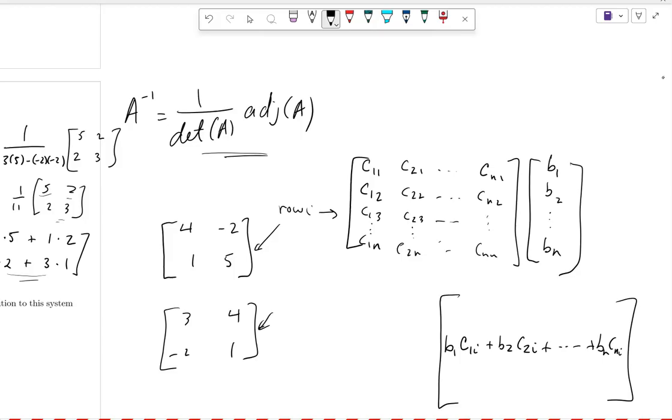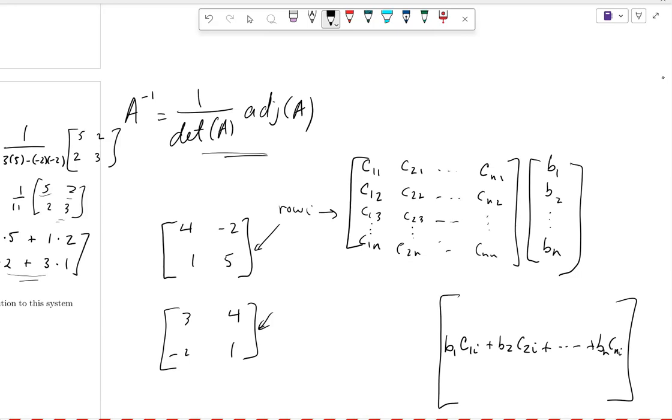Well, remember that when we write it down, it's in the transpose, right? But these numbers here correspond to the row and column number of the original matrix. So it's still row 1, column i of the original matrix, row 2, column i of the original matrix, and so on down the line. The subscripts still refer to the row and column number of the original. But I thought we were worried about row i right now.